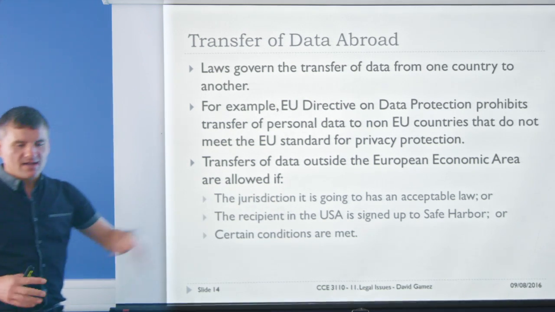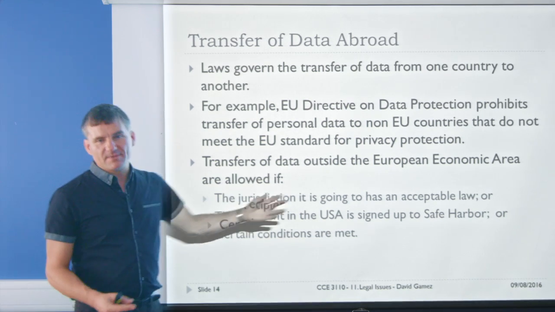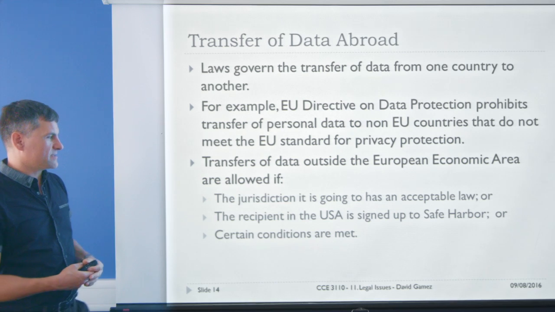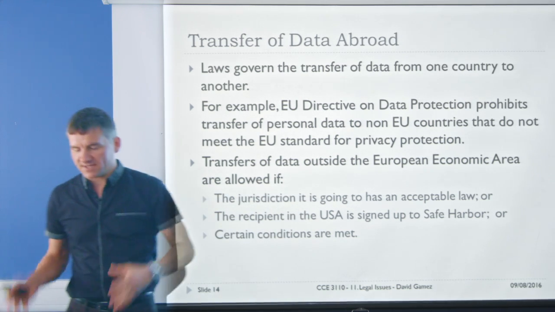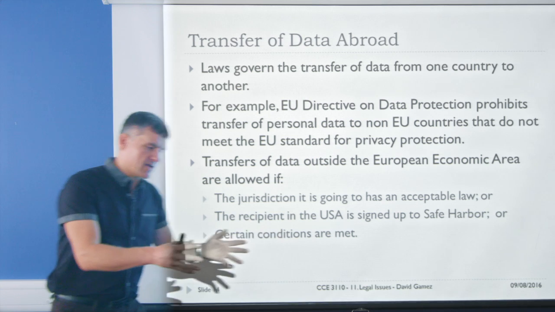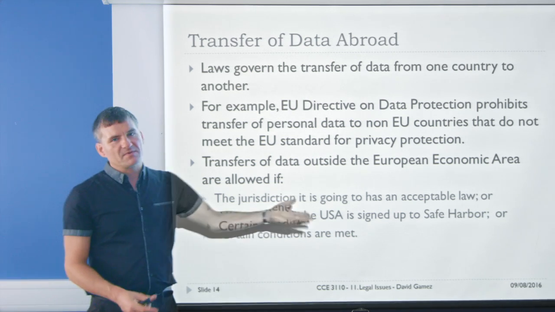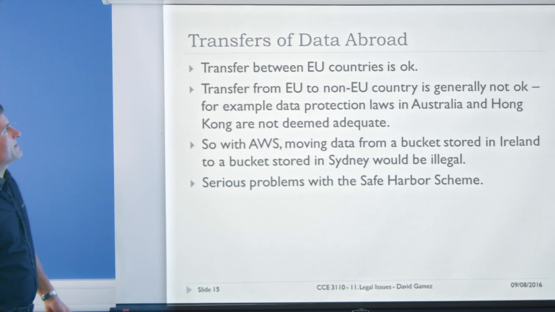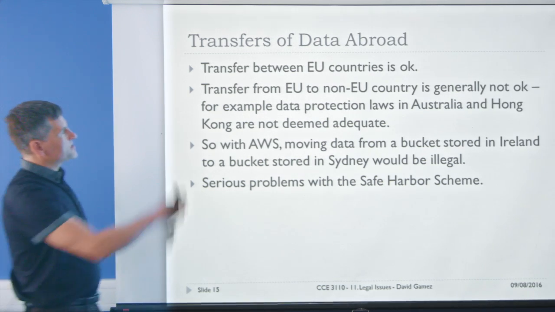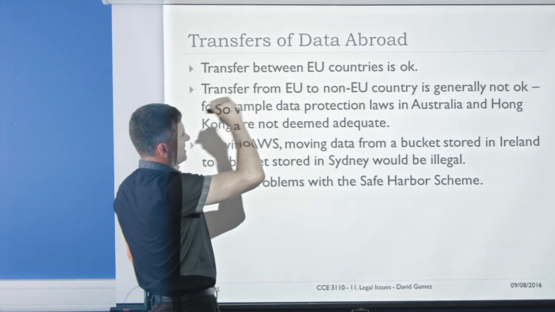But there is a fig leaf that enables data to be shared between the EU and the USA. They've got this safe harbor agreement, which means you can transfer personal data from the EU and host it in the US. But in practice, that doesn't really mean much because the US isn't particularly secure or private. So in general, transfers between EU countries are okay.